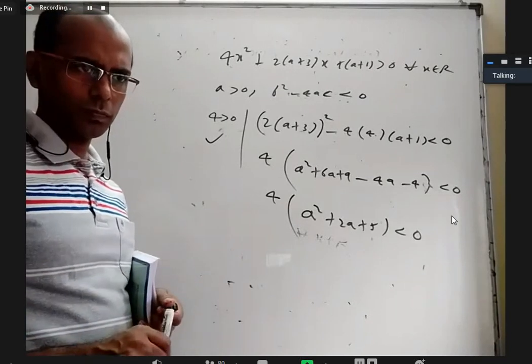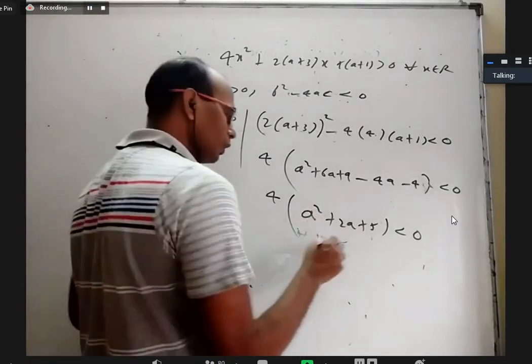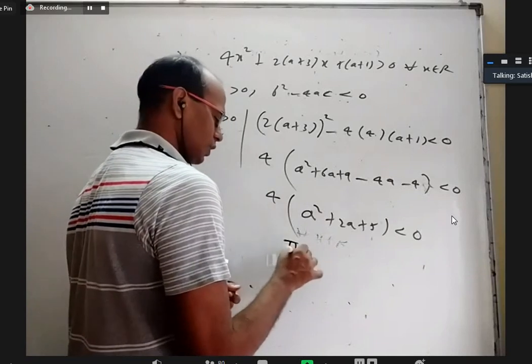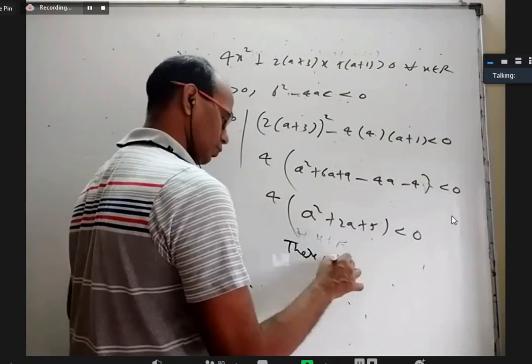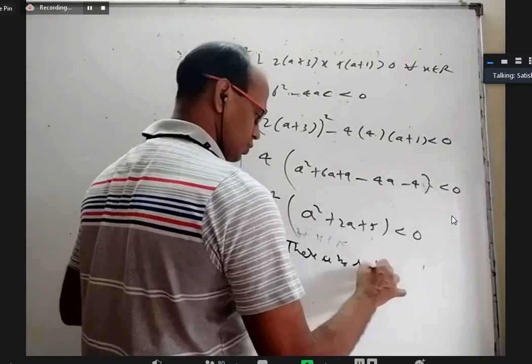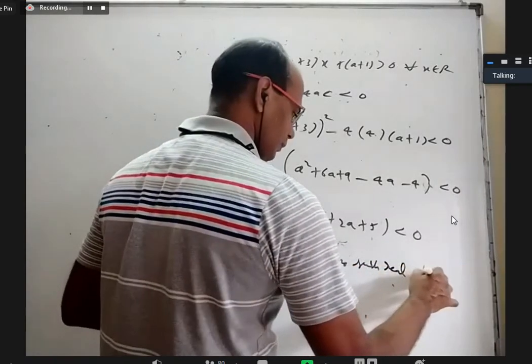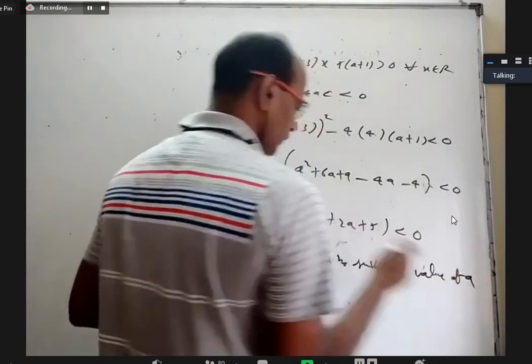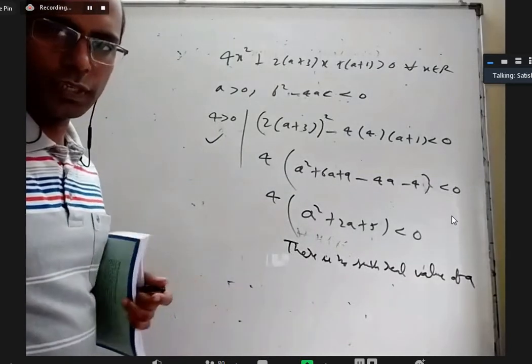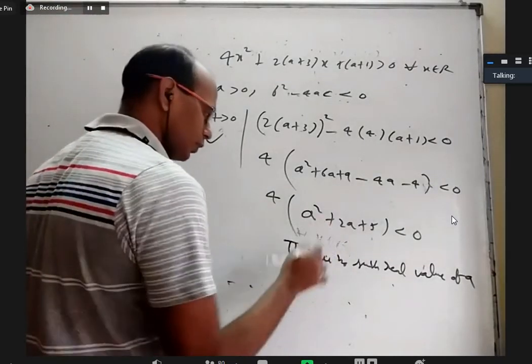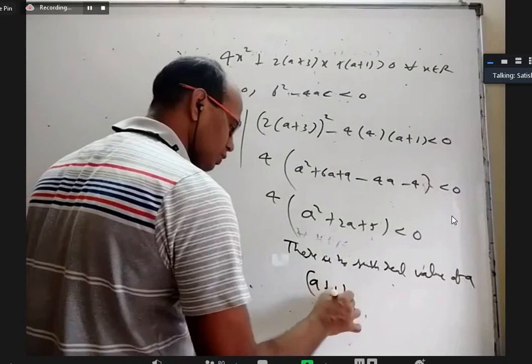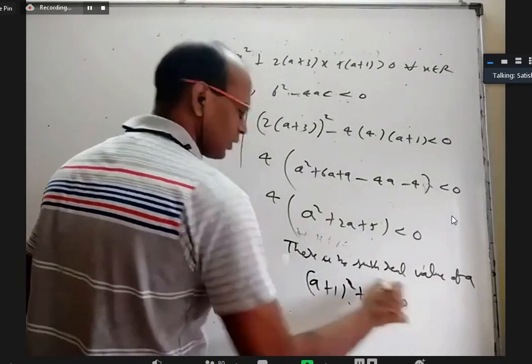Yes, sir. There is no such real value of a. If it had roots, I would have said between the roots it is negative, but no, because this is actually a plus 1 whole square plus 4. How can it be negative?